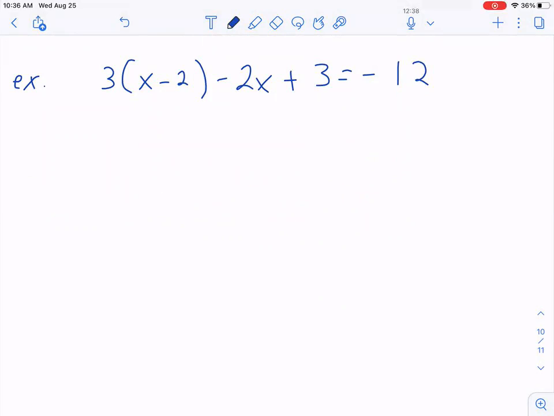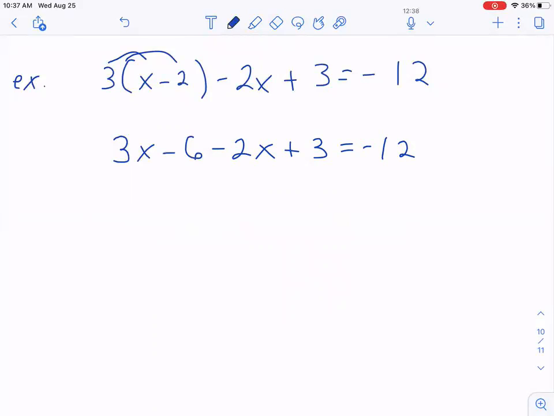If you see a number in front of parentheses, you want to distribute. So we're going to distribute that 3, and we get 3x minus 6. Real similar concept to what we were just working on. And I'll just rewrite the other part: negative 2x plus 3 is equal to negative 12. All right, now I'm going to combine like terms, again following the same ideas.